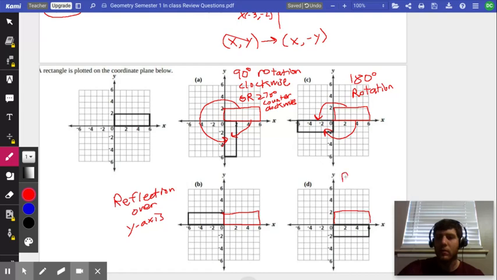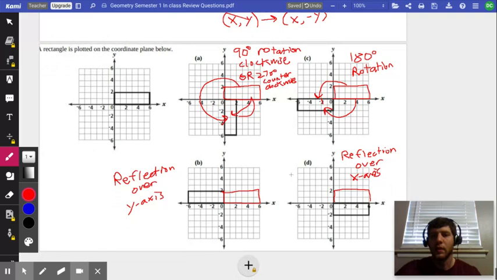So this one is reflection. This one we're rotating 90 degrees. This one we're rotating 180. This one we're reflecting it left and right, so reflecting over the y-axis. And this one's a reflection over the x-axis.